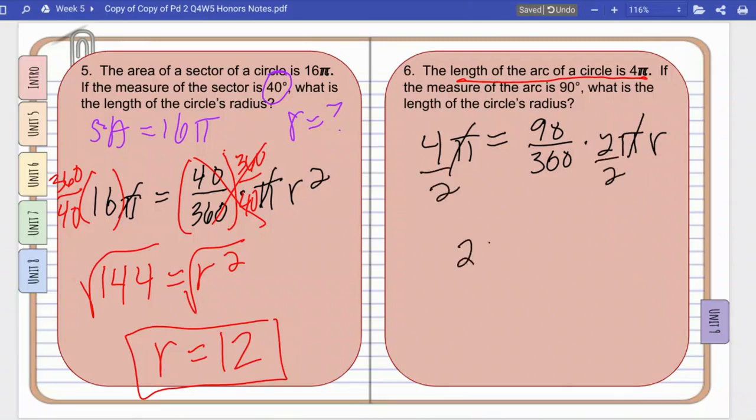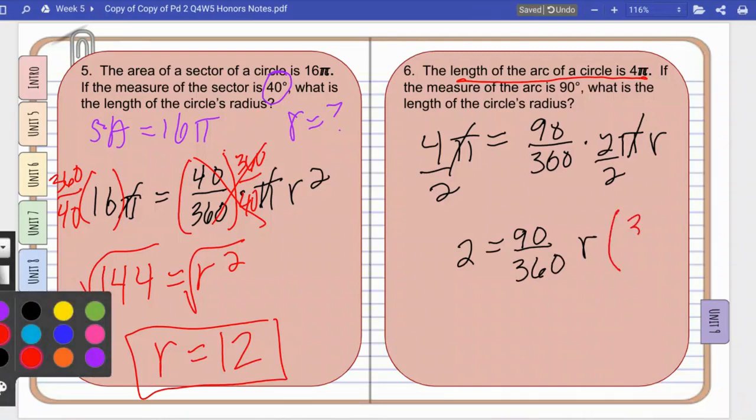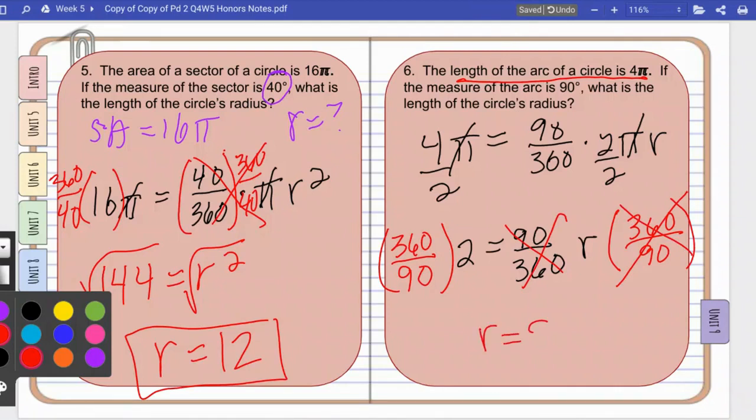So I'll end up with 2 equals 90 over 360 times r. And to get rid of 90 over 360, we multiply both sides by the reciprocal. Well, 360 over 90 divides into itself, that becomes 4. Okay, these cancel out over here. And 4 times 2 is 8, so radius has to equal 8.